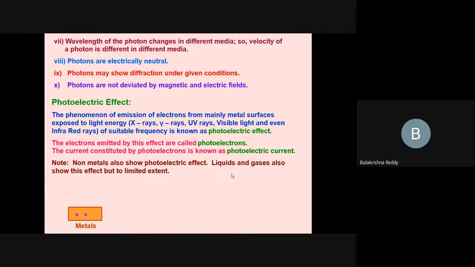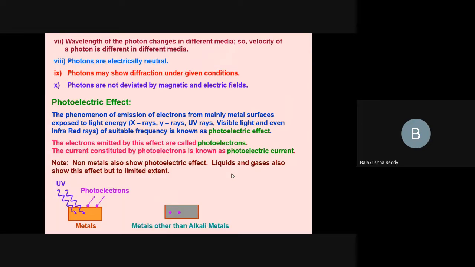Let us think: if you take normal metals and you incide ultraviolet light, photoelectrons are emitted. You can see here, when ultraviolet light is projected on a metal plate, photoelectrons are emitting.